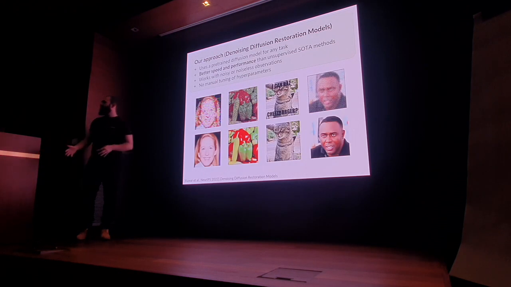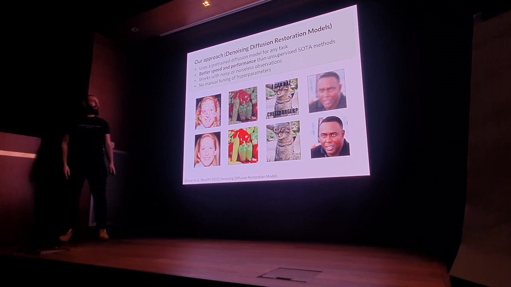So just to sum up what our approach does, we use a pre-trained diffusion model in order to solve any image restoration task, any linear inverse problem. We ended up having a better speed, and as we will see in a few moments, better performance over previous unsupervised approaches. What I mean by unsupervised is approaches that don't learn for a specific inverse problem, but are general to many different applications.